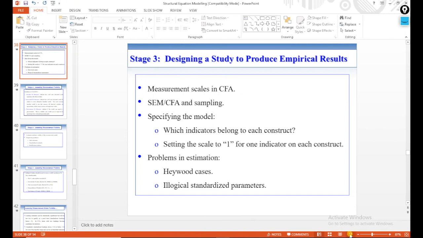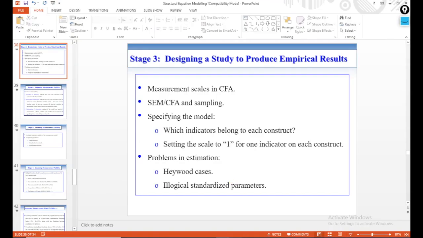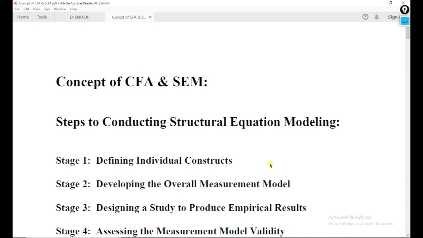I am explaining structural equation modeling. The third stage of structural equation modeling is designing a study to produce empirical results. So measurement scales in CFA means which scale we are using to confirm this confirmatory factor analysis. For example, I will explain it through this model.